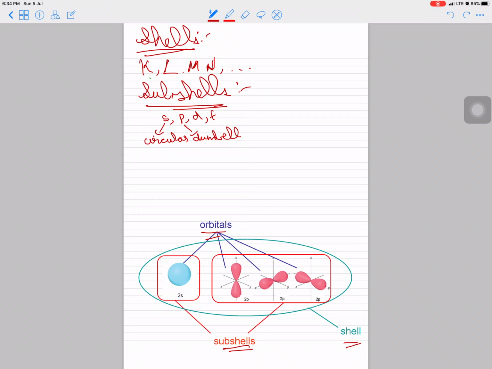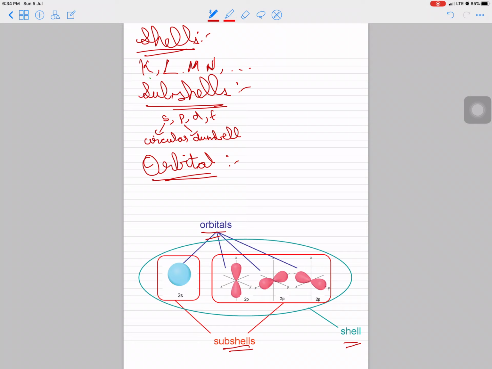So let's move on to the next subheading, orbital. What is the difference between a subshell and an orbital?